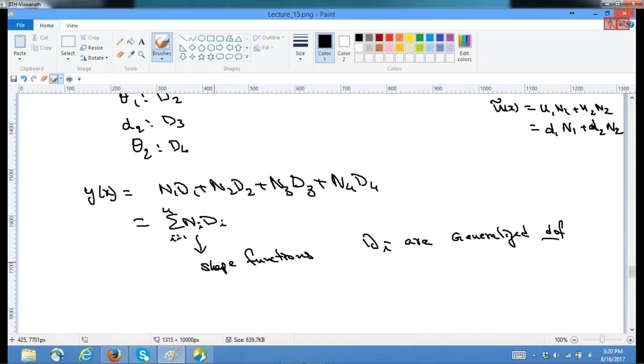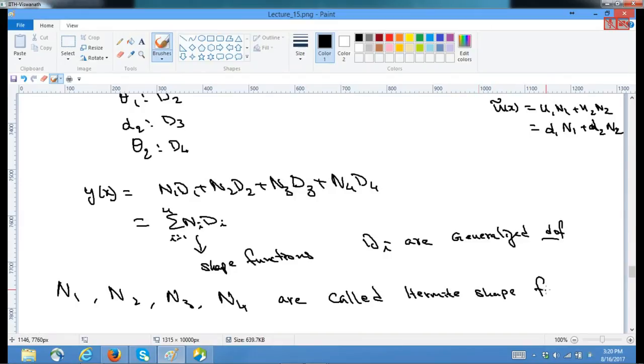But now let us look at certain characteristics of these shape functions. Firstly, these shape functions n1, n2, n3, n4 are called Hermite shape functions.